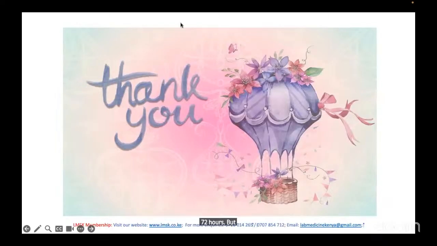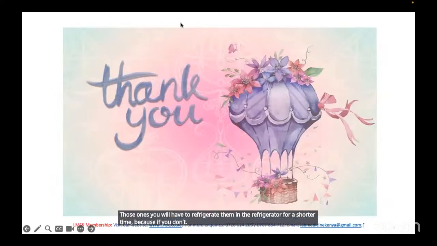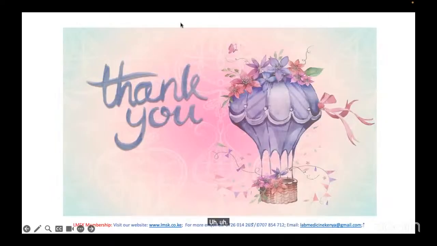But if you have specimens like urine or CSF, you will have to refrigerate them for a shorter time. For example, urine, if you do not process it immediately or within a specified time.